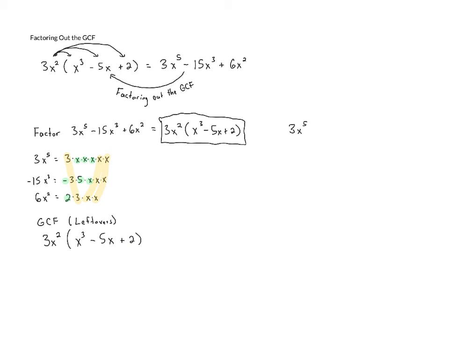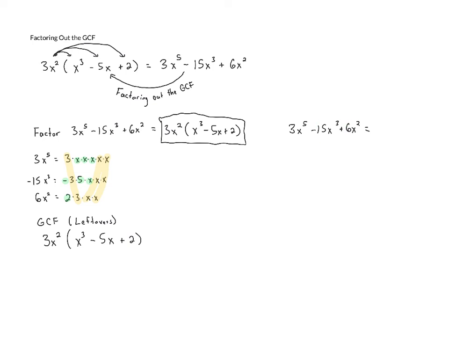So we still have 3x to the fifth minus 15x cubed plus 6x squared. When we're looking for the greatest common factor, we're looking for the largest thing that all of these terms are divisible by. We can start by looking at the coefficients, 3, negative 15, and 6.